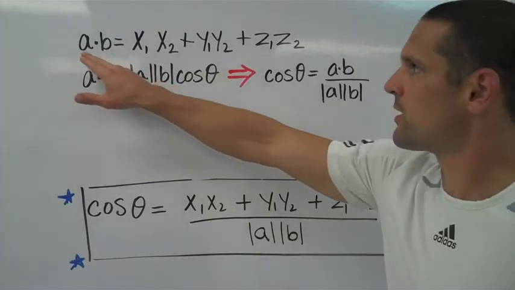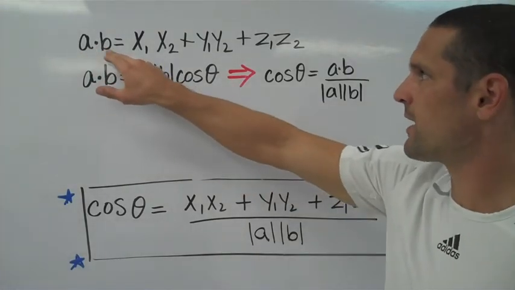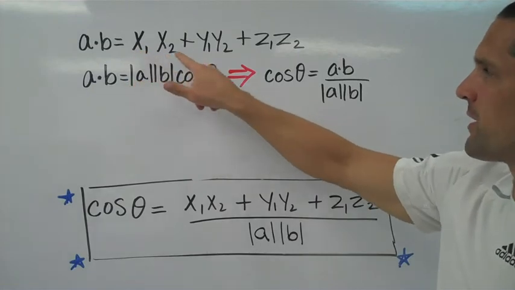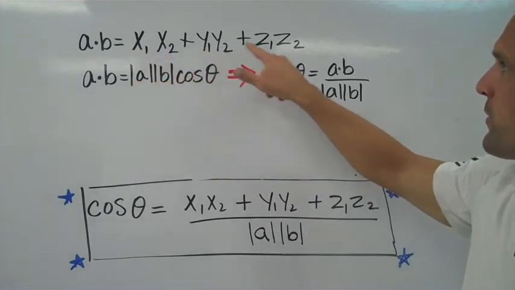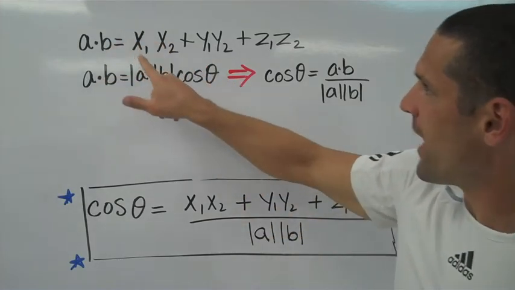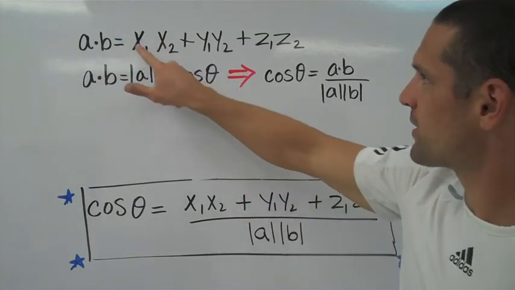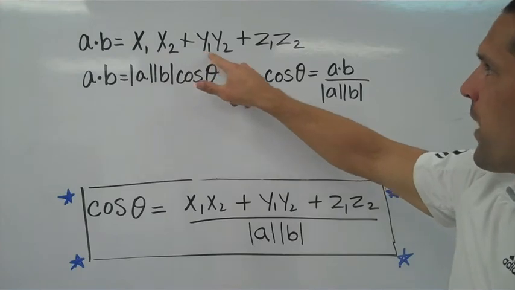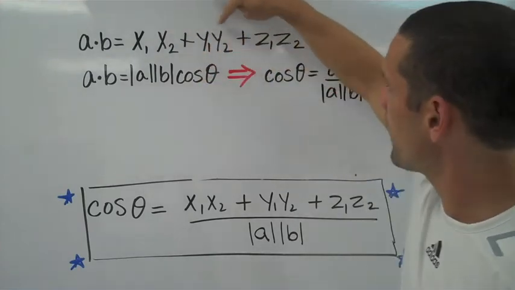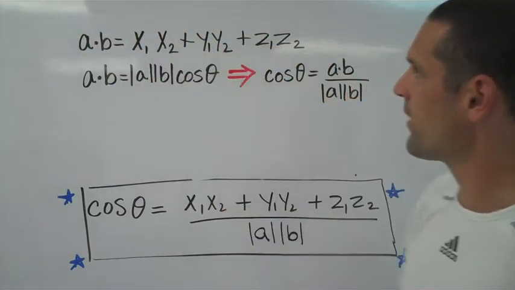Earlier we learned that the dot product, the scalar product of a and b, could be simplified as x1 times x2 plus y1 times y2 plus z1 times z2, where the x component of a is x1, the y component of a is y1, the z component of a is z1. So x1, y1, z1 correspond to vector a.